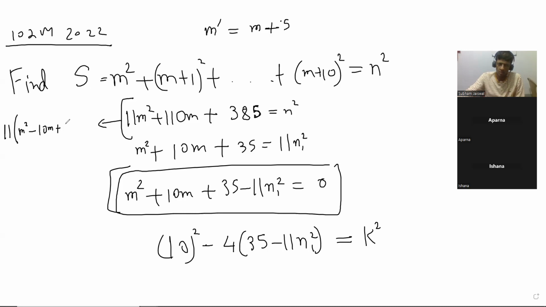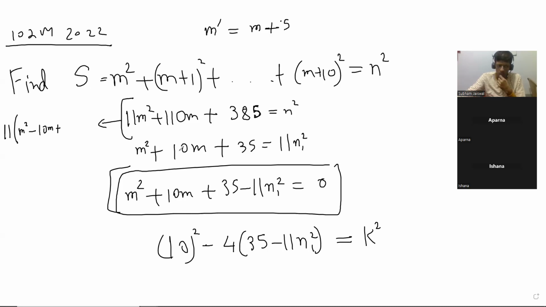Sir, we can say that because I'm taking 11 common, that m square plus 10m plus 35 has to be a multiple of 11, right? Yes, that's right. Yes, and from there we can say something about m square and 10m also.